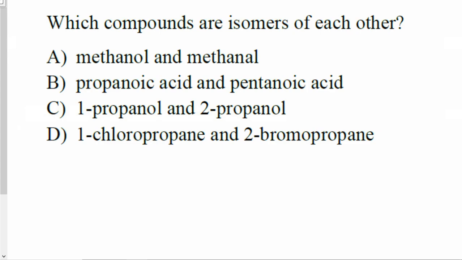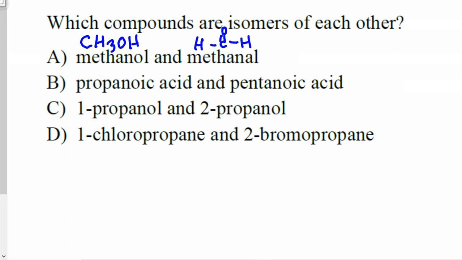This question asks which compounds are isomers of each other. That's a slightly difficult question because you need to know how to draw them properly, or at least you need to know the functional groups to answer this question. For this question, I would highly recommend you draw each and every single option, and then count the number of carbon, hydrogen, and any other atoms that exist in that compound to figure out if they are isomers of each other.